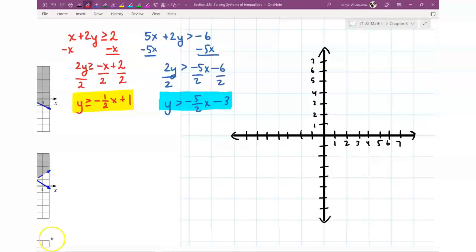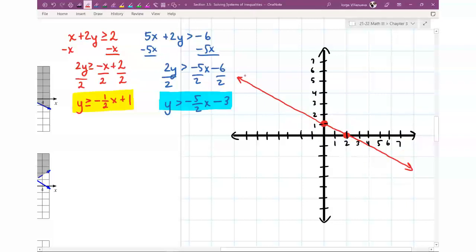All right, so let's graph the red one. So the red one, I'm supposed to begin at positive 1. And my slope is a negative half, so that's down 1 over 2. And since it's a greater than or equal to, the line has to be solid. Okay?